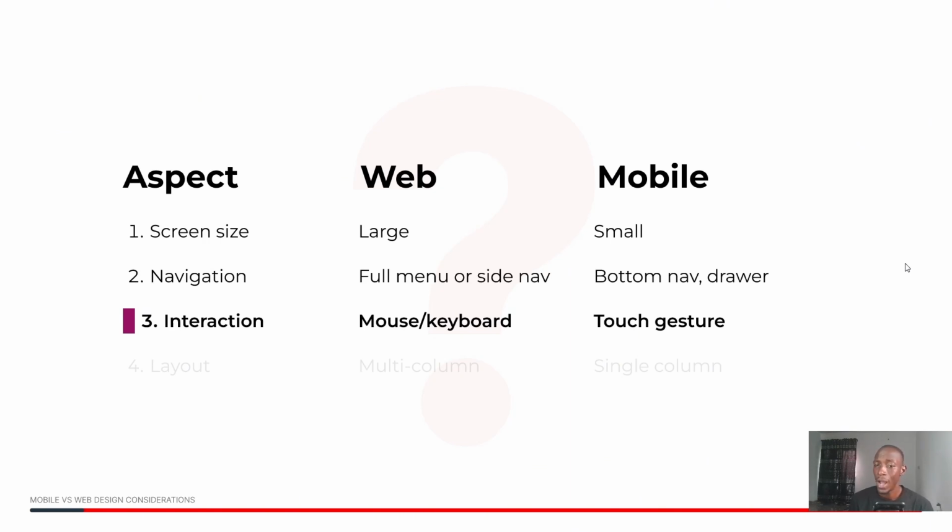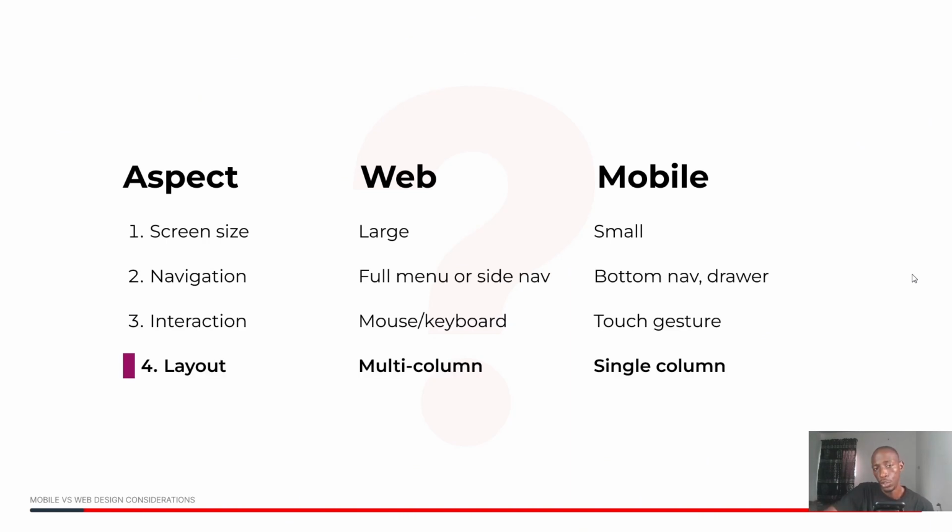It means you're using your hand to touch the surface, because almost all of our mobile phones now are touchscreen gadgets. We don't usually use keyboard phones as often as before. So then the next is the layout. On web platforms, you have a lot of space to have multiple columns in your layout structure. But in mobile, most times you use a single column because of the limitation of space.